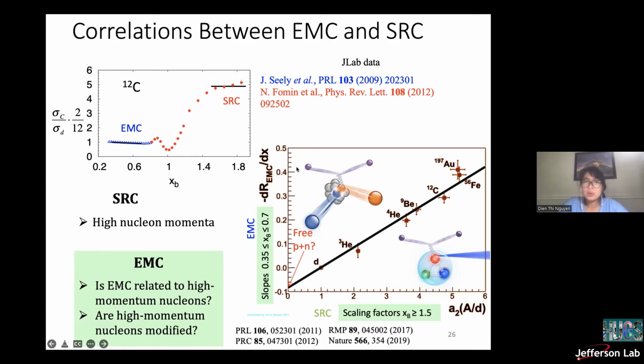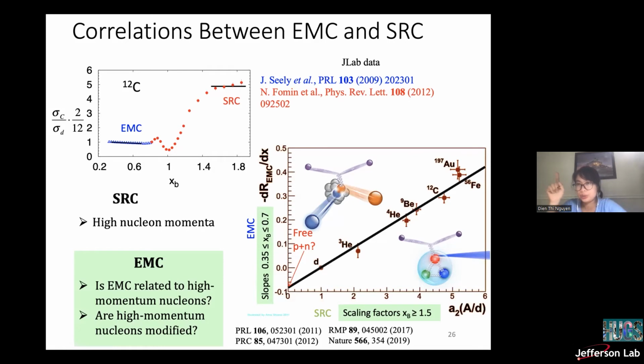So when we put together the connection between the EMC effect, like I explained to you, it is determined by the slope of that F2 ratio between 0.3 and 0.7, that linear slope right there. That is the EMC effect on the y-axis here. And what is the property to describe the SRC?